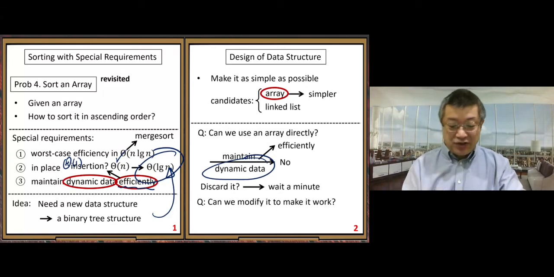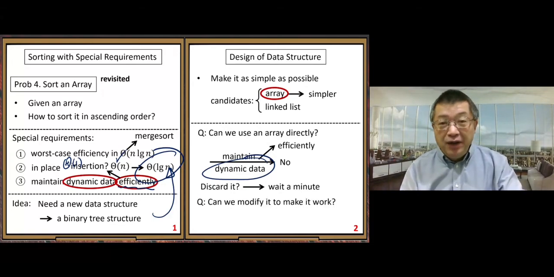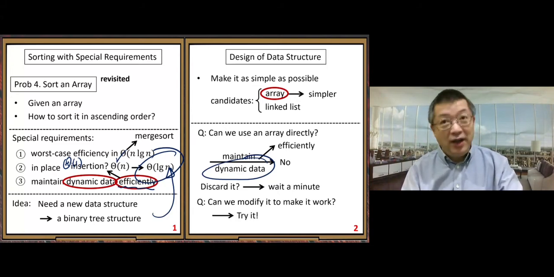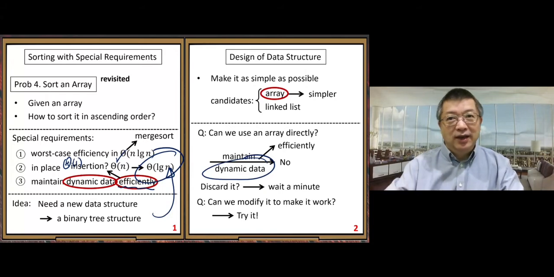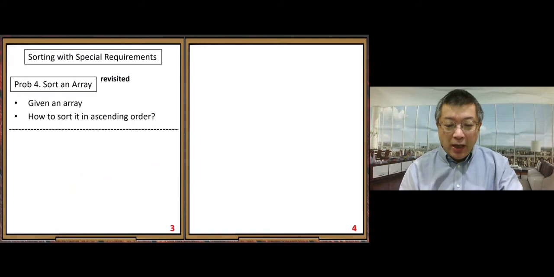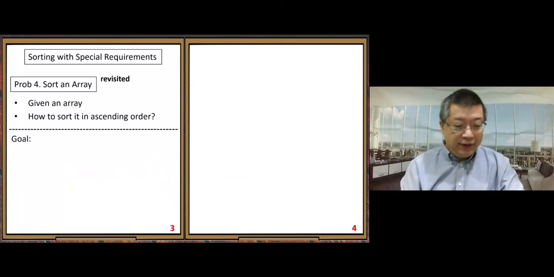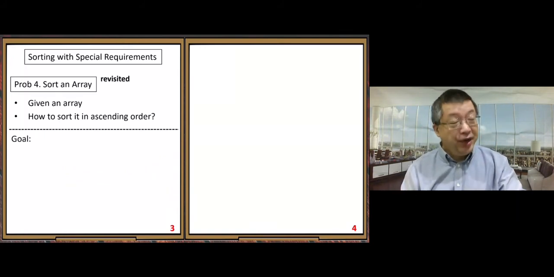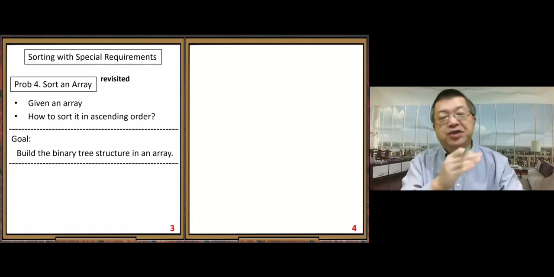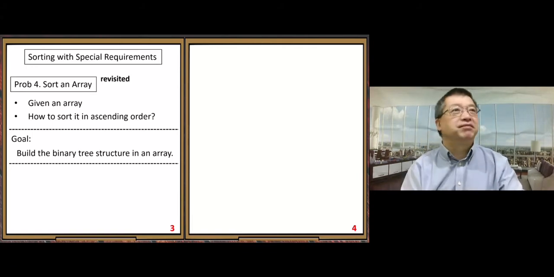The question: can we modify it to make it work? Let's try it. So the next step. Our new goal: build the binary tree structure in an array.